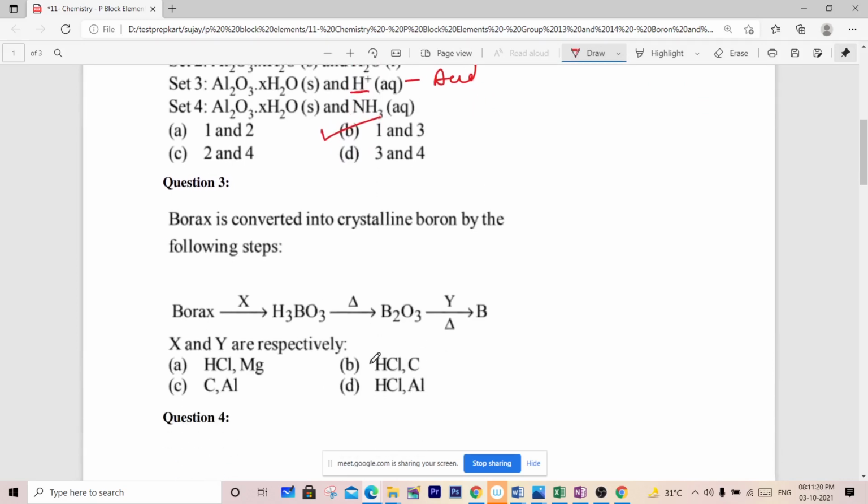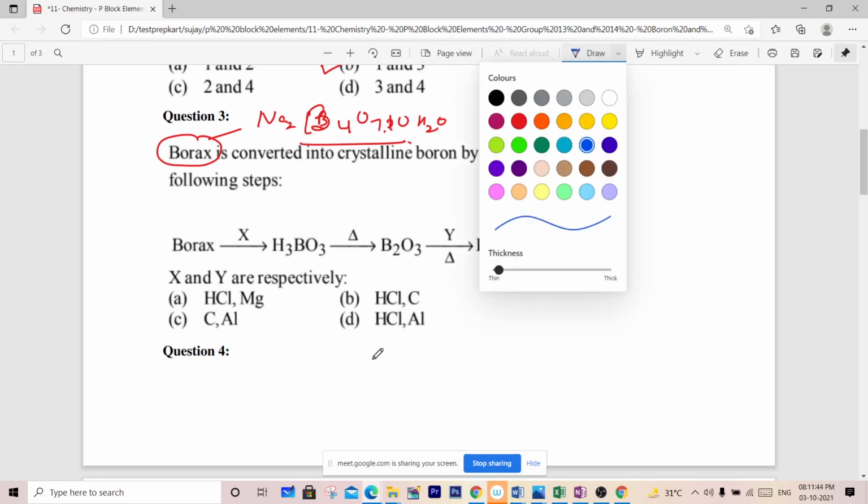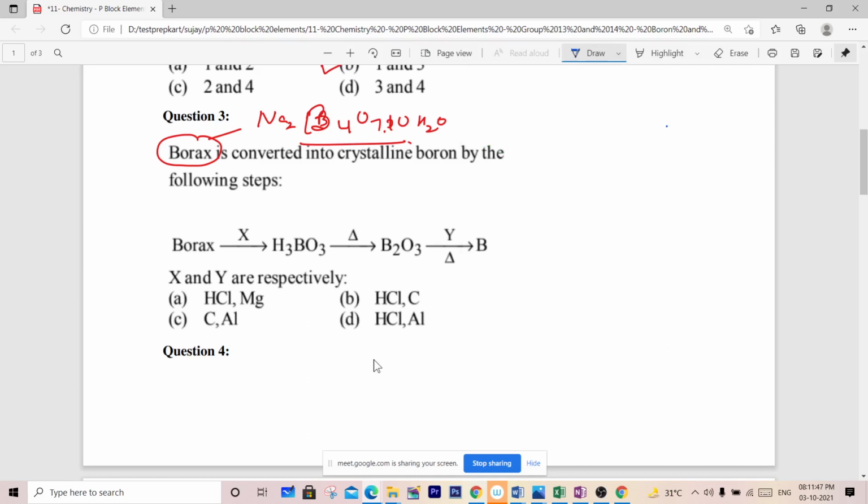Yes, sir. Now, borax. First of all, I'll tell you what this borax is. Borax is Na2B4O7 dot 10 water molecules. Upon reaction, it forms H3BO3.